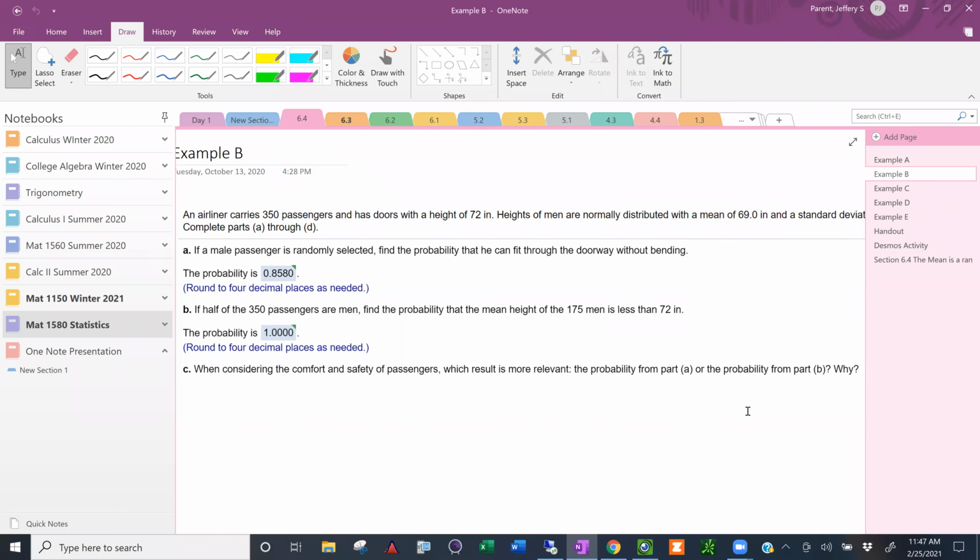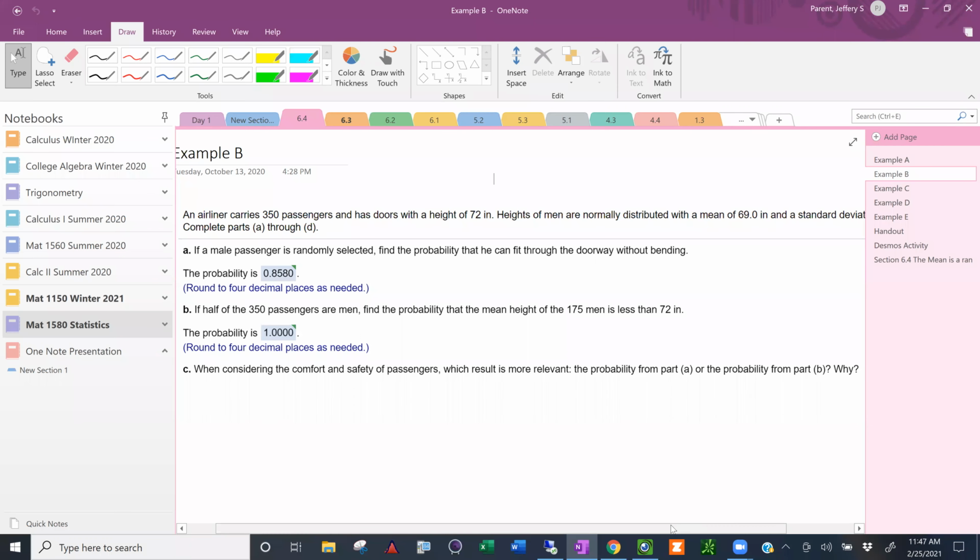Think about who's going to be walking through that door. Am I going to have one person at a time walking through that door, or am I going to take 175 men and create this average person and march that average person through the door? Which one's really going to happen?